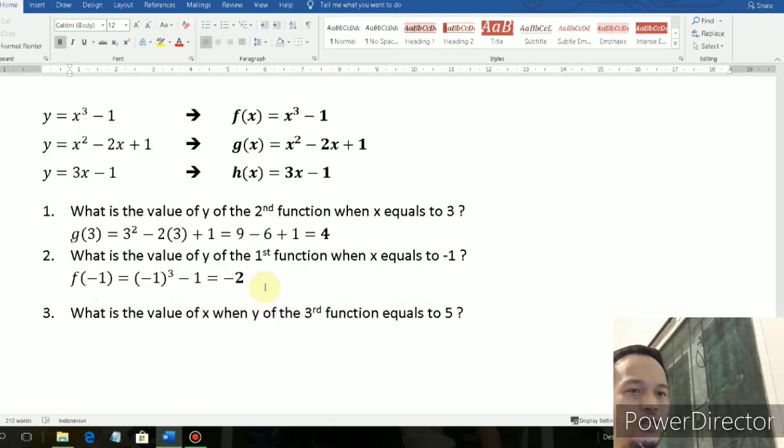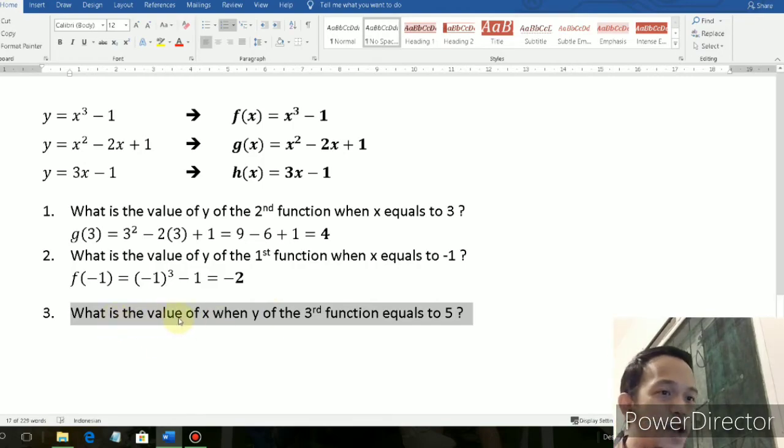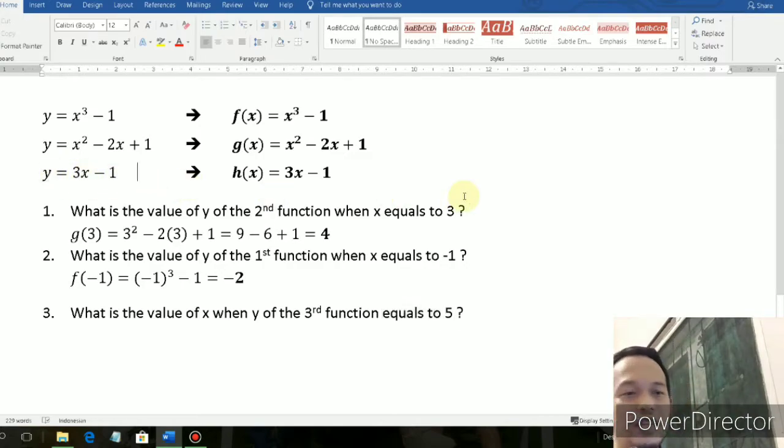Now let me go to the third question. What is the value of x when y of the third function equals 5? You are given the information that y of the third function equals 5, and you need the value of x. If I replace it with a symbol, it means h of x equals 5.